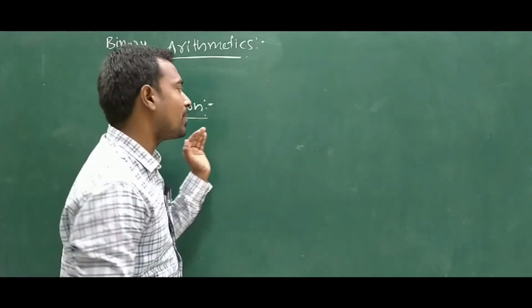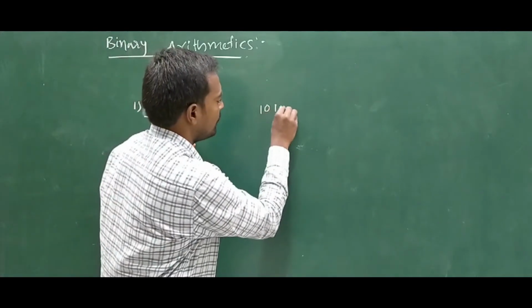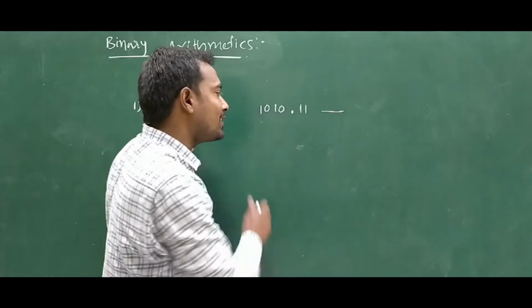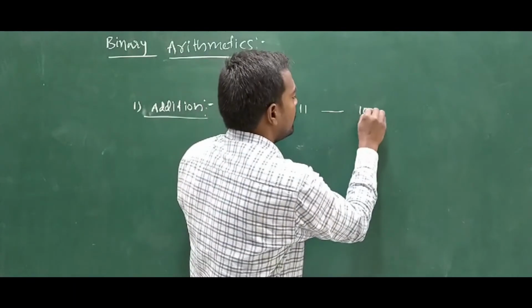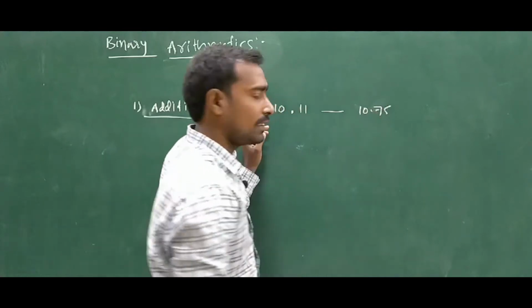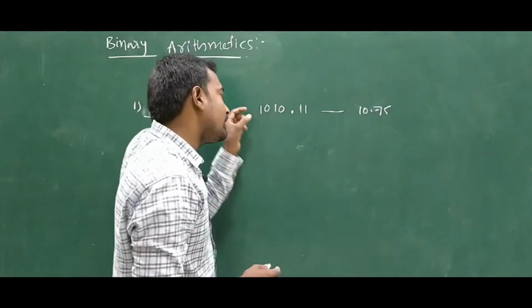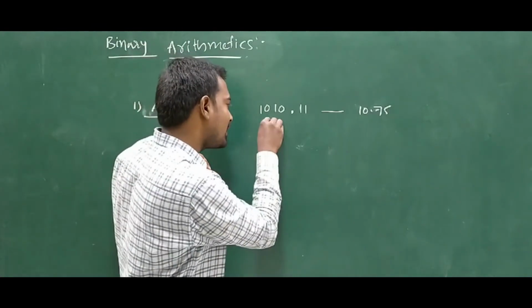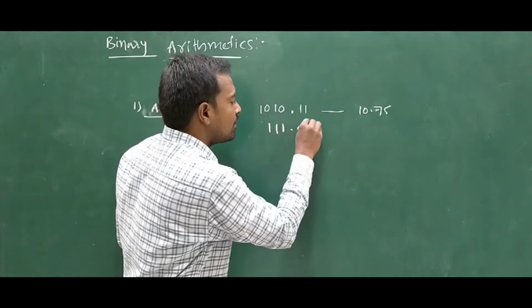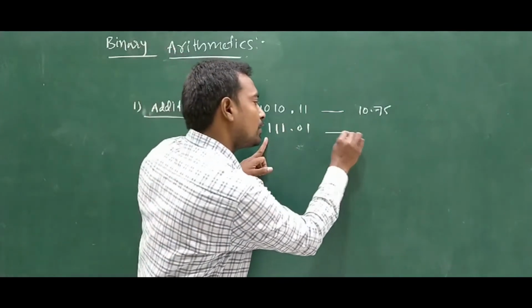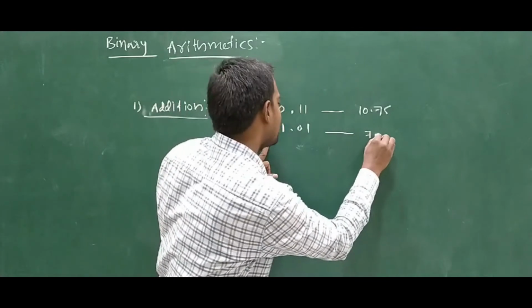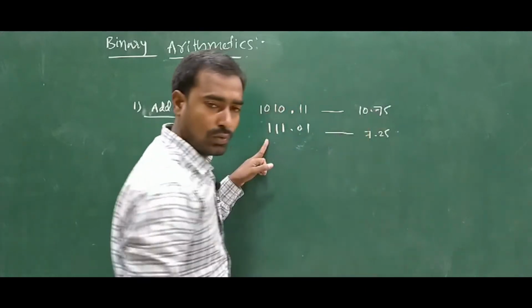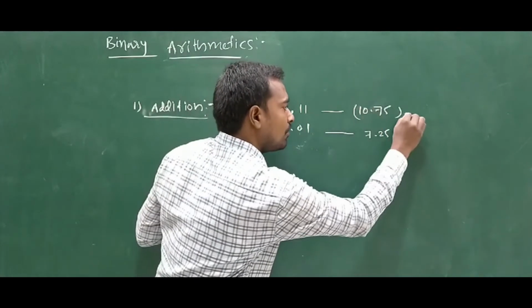Here I am taking the binary number 1010.11, which is equal to the decimal value 10.75, and I am adding it to another binary number, 111.01, which is equal to the decimal value 7.25.